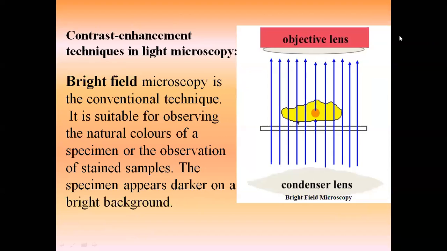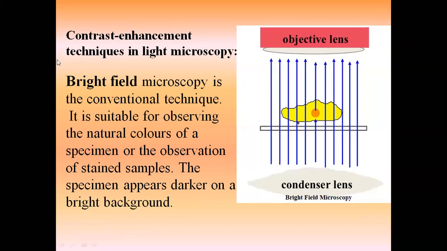So in the previous class, we were discussing different types of microscopes. Today we will discuss different types of microscopes based on their contrast feature, that is, how the samples are viewed, how the samples can be seen in our microscope.